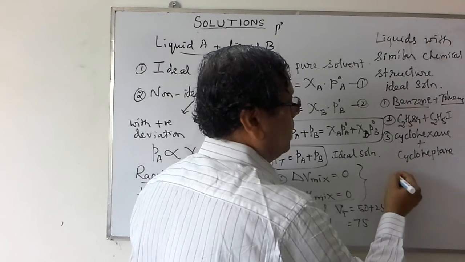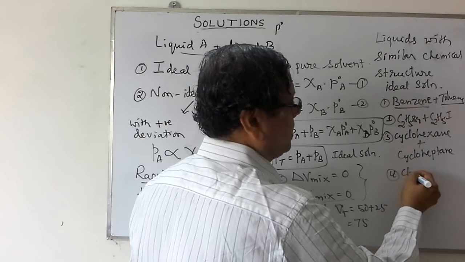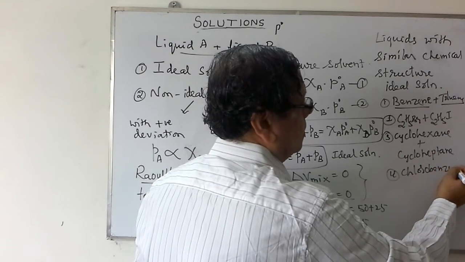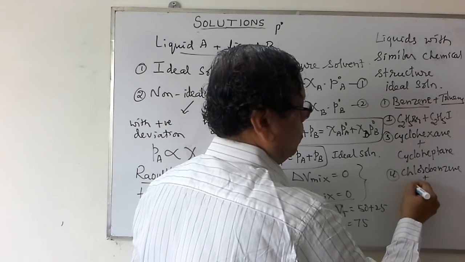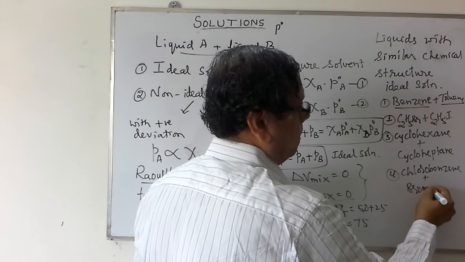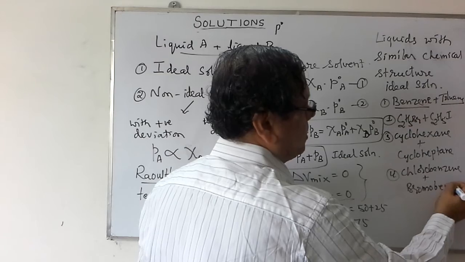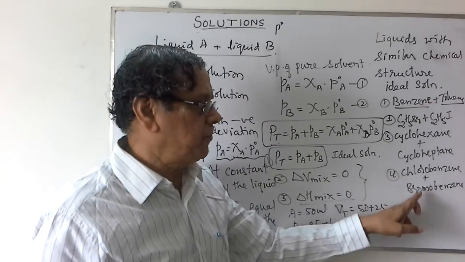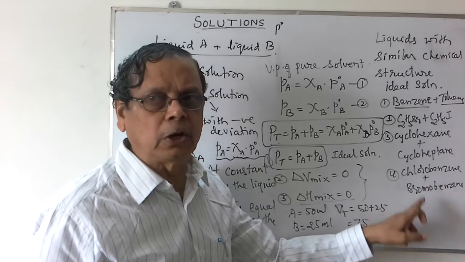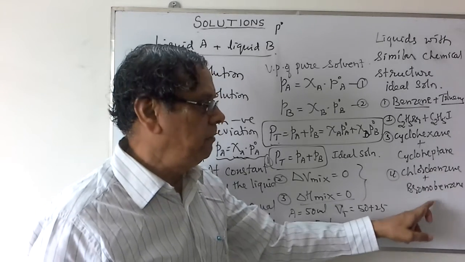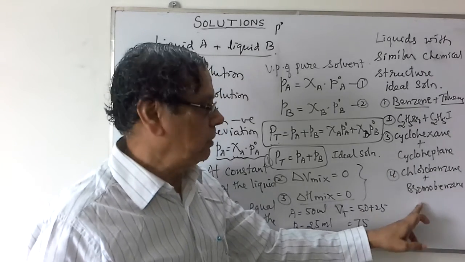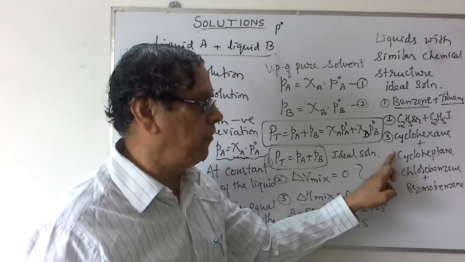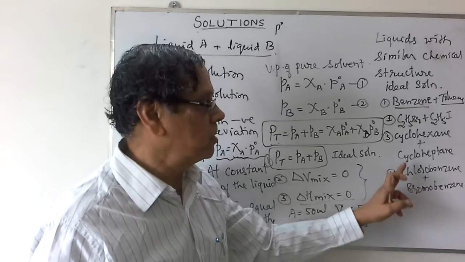Similarly, chlorobenzene plus bromobenzene. Such a mixture, because of similar electronegativities between the chlorine and bromine atom, will form the ideal solution. Cyclohexane and cycloheptane both are non-polar in nature, they will form the ideal solution.